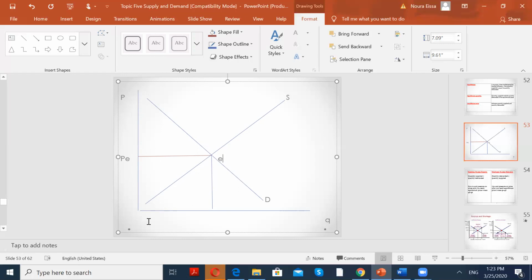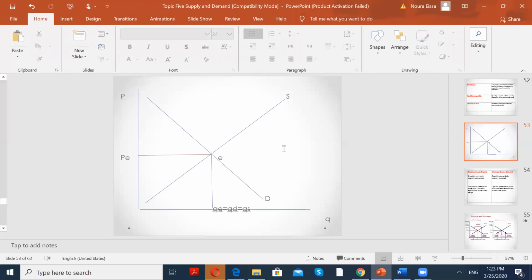This is equilibrium, and then we need to show equilibrium quantity. We can write it as QE, which is quantity demanded equals quantity supplied. Okay, this is your first graph. This is where you always start. This is your first step in any question that you get from now on. You draw demand, you draw supply, you show equilibrium price, you show equilibrium quantity.